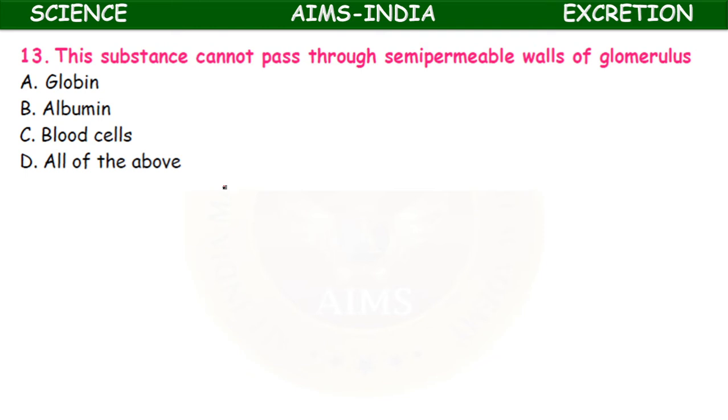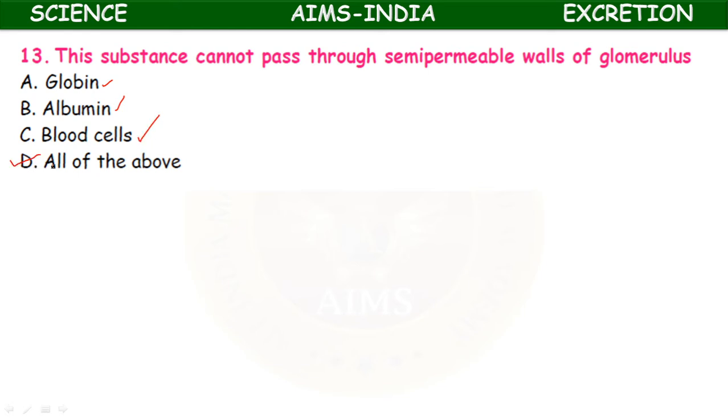Next, this substance cannot pass through semi-permeable walls of glomerulus: globin, albumin, blood cells, all of the above. Yes, selective filtration takes place. These are all important materials. Globin is a protein, albumin is a protein, and blood cells are also very important.